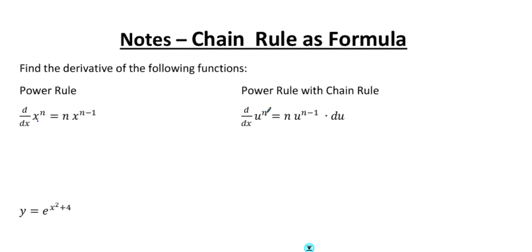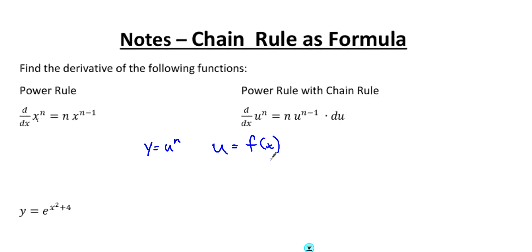Now, if we did this like we first learned it, where we try to take the derivative of a function to some power, we would split it up as u being that function, and then y equaling u to the n power. And then this u would be whatever this f of x is.